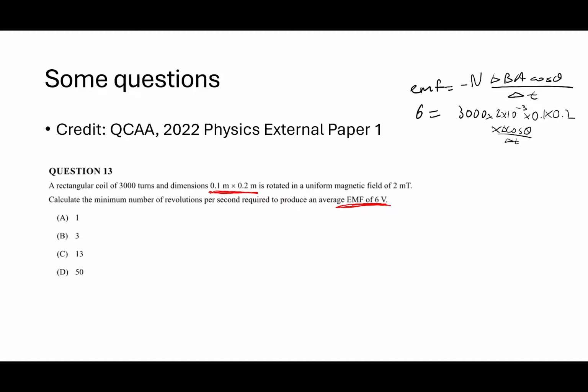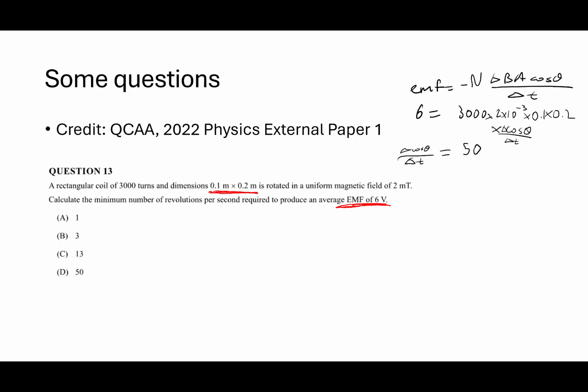So let's solve for everything, and let's just get the unknowns on one side. If we do all the working out, we should get delta cos theta over delta t is 50.